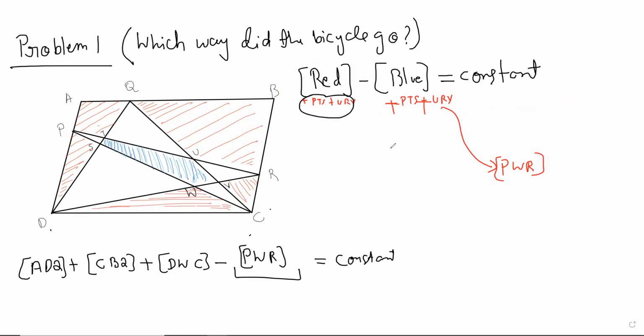So we basically have to show that the three triangles minus PWR is constant. So you see, Unab, to the red region we are adding some things, and so we are also adding to the blue region. Why we are adding is very obvious, just to make the question more tractable. There is no magic in this.